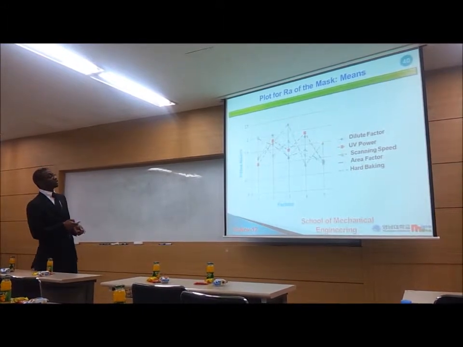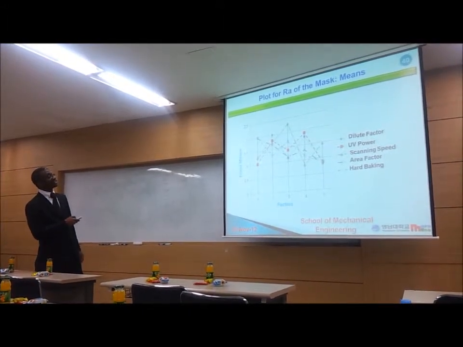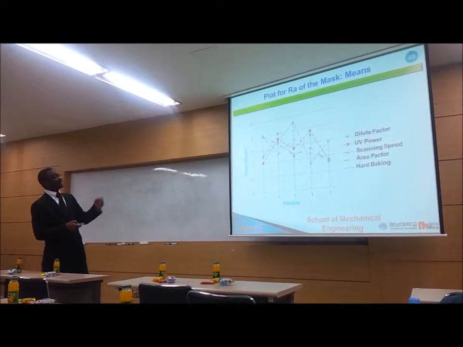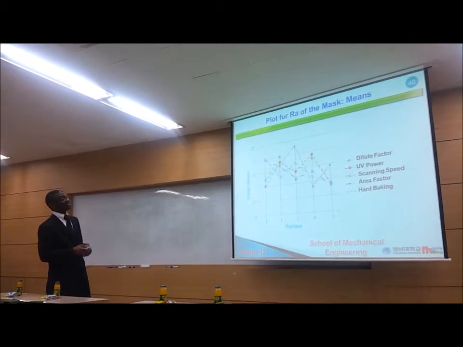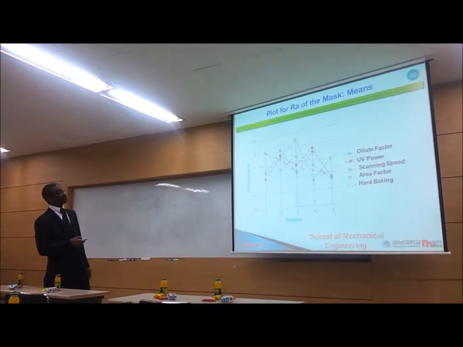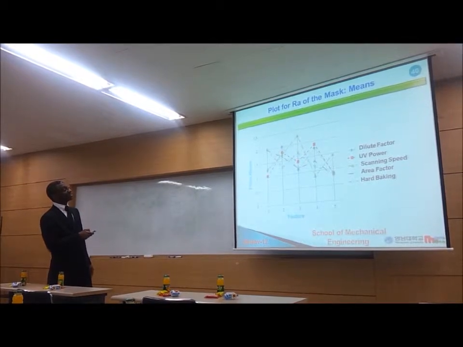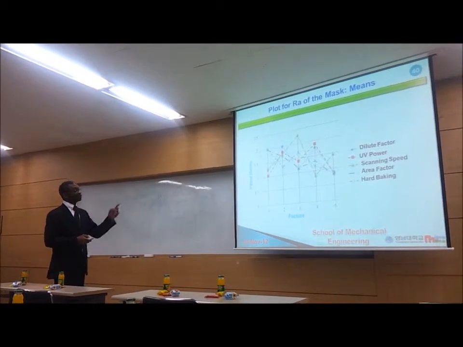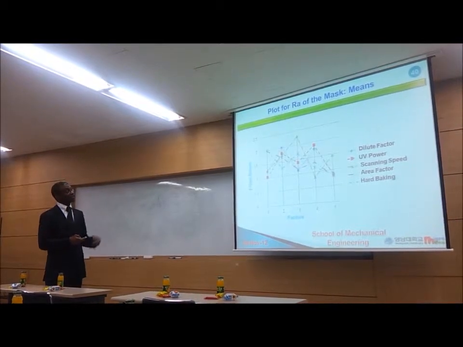Again, even if the scanning speed is more influential, I had to compare with other parameters, and I realized that of all those four parameters, none is supposed to be neglected. If you look at the dilution factor, the scanning speed, and the thickness, you cannot see a big difference.